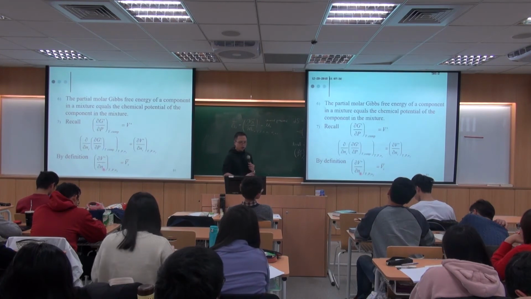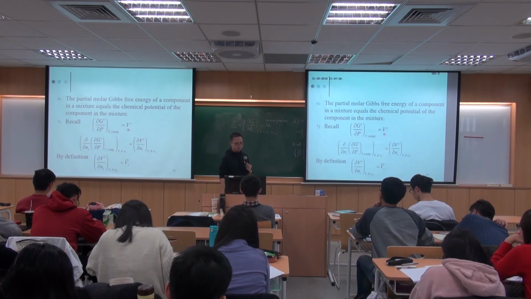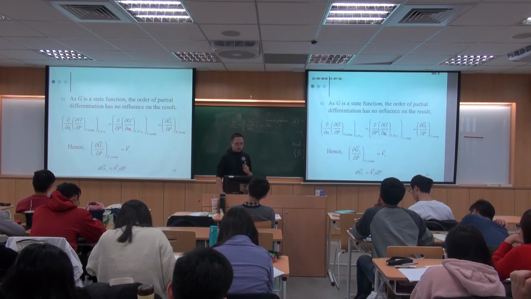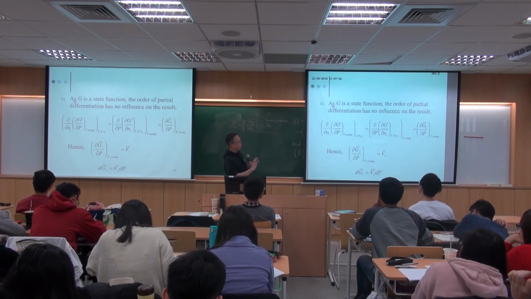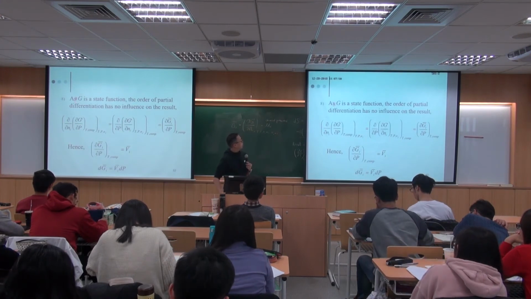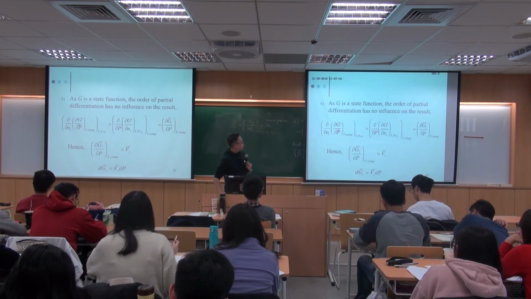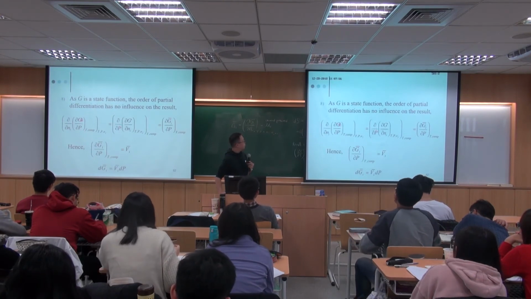Okay, so this is from the definition of Gibbs free energy, and you know that partial G, partial P is V. So you can derive this. And we know that Gibbs free energy is a state function. Therefore, we can change the order of this partial differentiation. Previously we did partial G, partial P first.